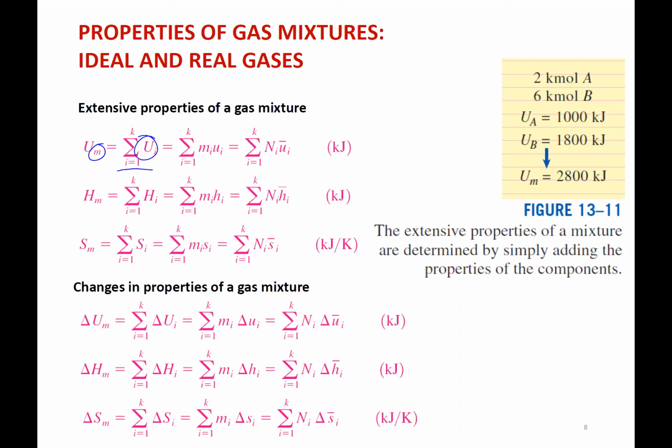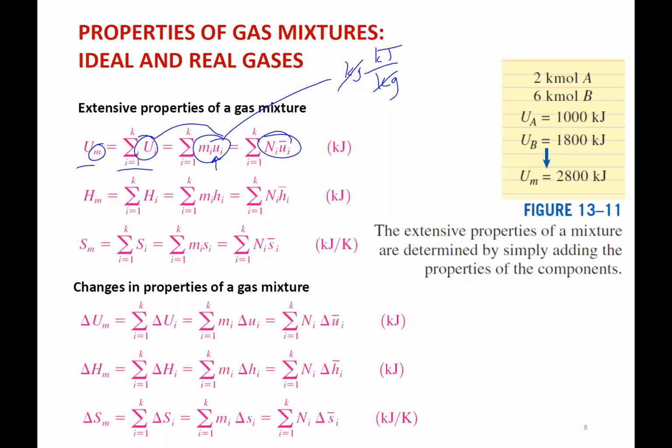That's the capital U, and we just take lowercase times lowercase: the lowercase mass times the per unit mass internal energy. We can also use the mole version instead. If we had kilograms, this would be kilograms times kilojoules per kilogram, and the kilograms would cancel, so you get kilojoules, which is the units of the total internal energy.